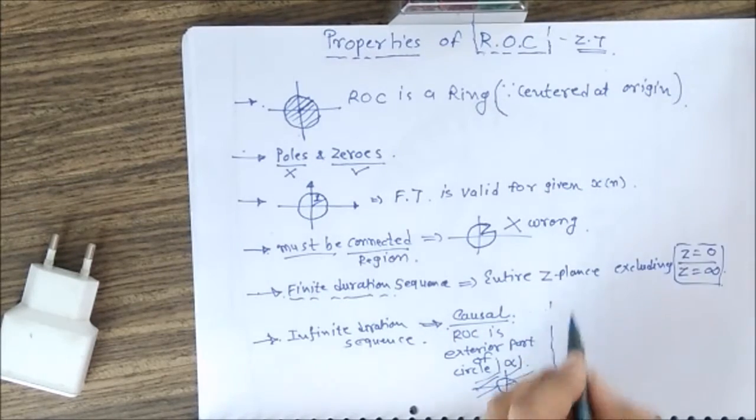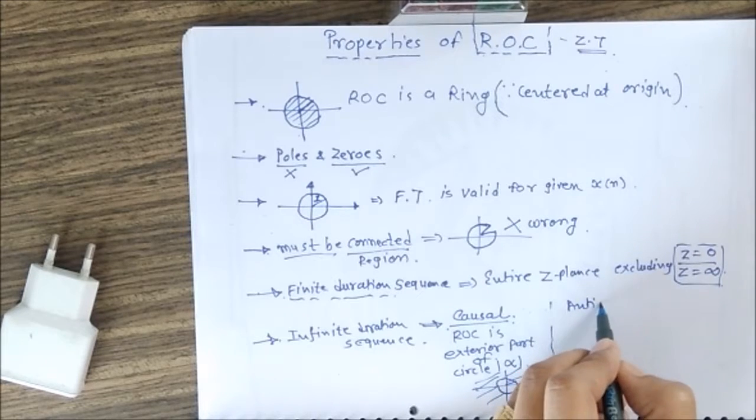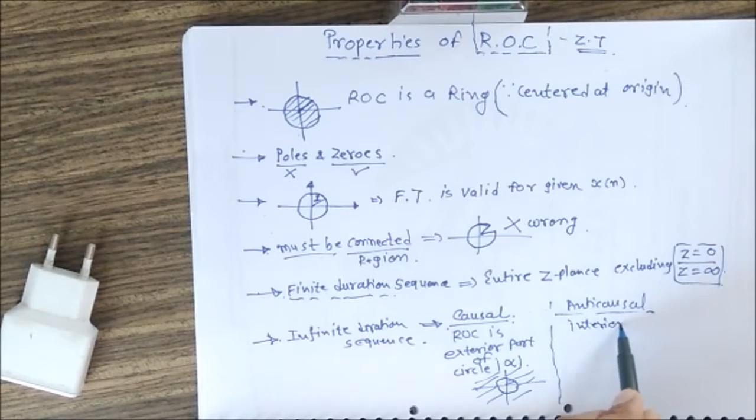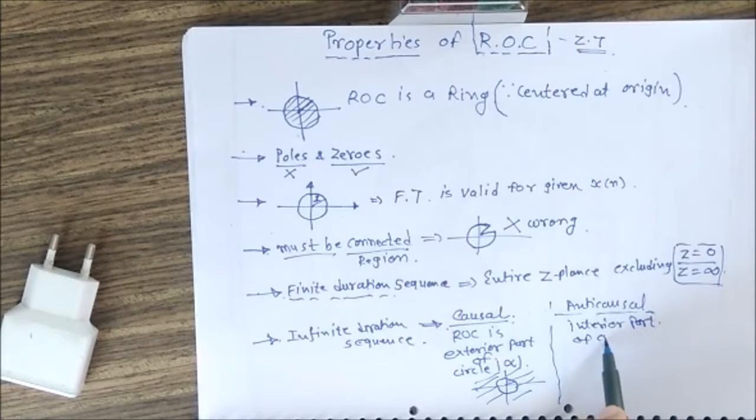Same way, if it is anti-causal, then ROC is the interior part of circle with radius alpha. So alpha would be anything depending on the input sequence.